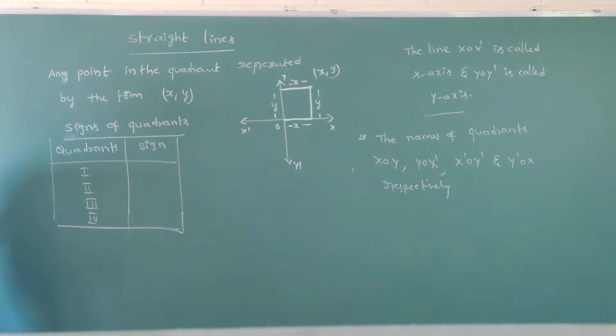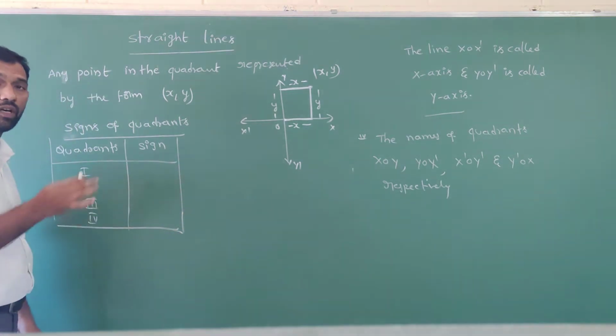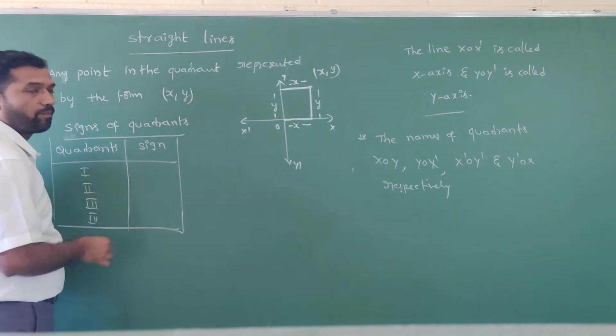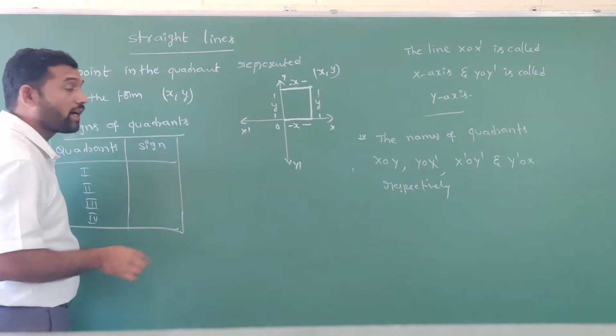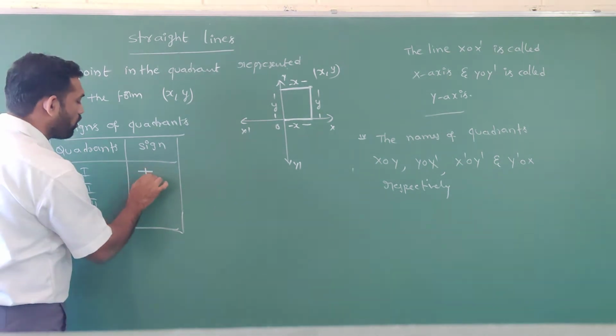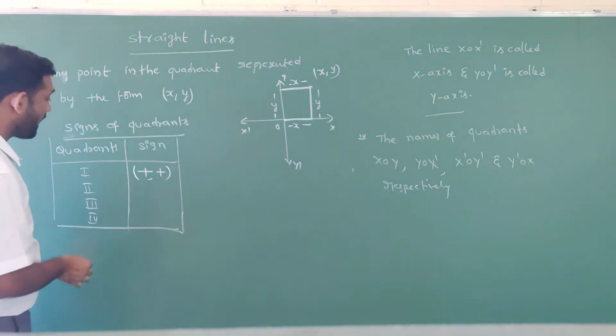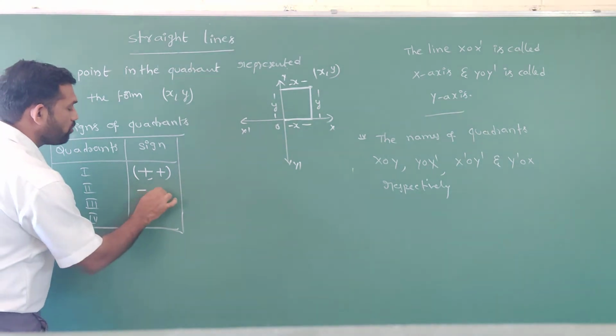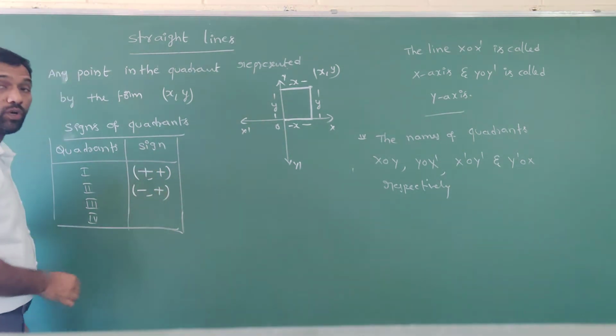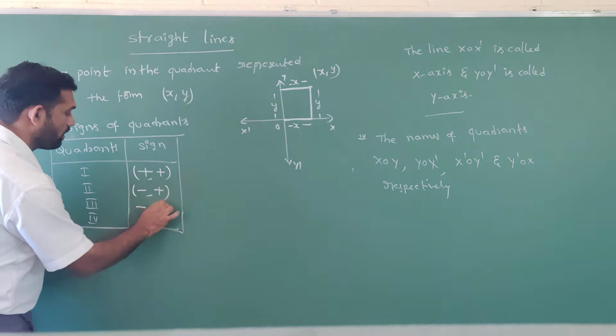This introduction everybody knows, that's why I am giving it first. In the first quadrant, any point you take, what are the signs? Positive, positive. In the second quadrant, negative, positive. In the third quadrant, negative, negative.